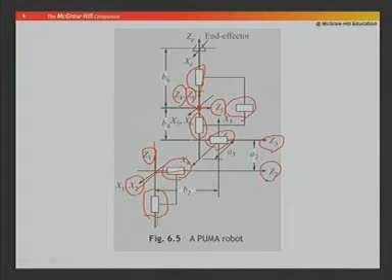Common perpendicular of Z2 here and Z3 here should be your x3, and if you notice here, this is Z2 here and Z3 here.